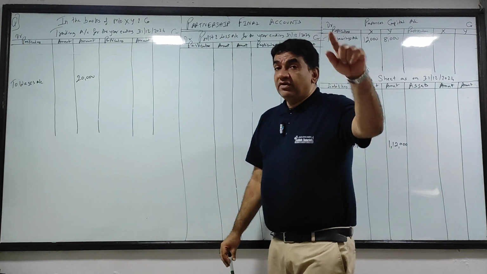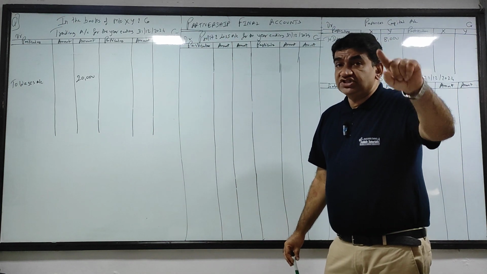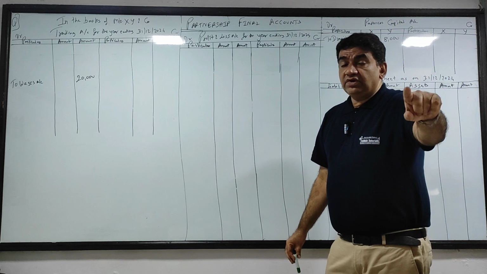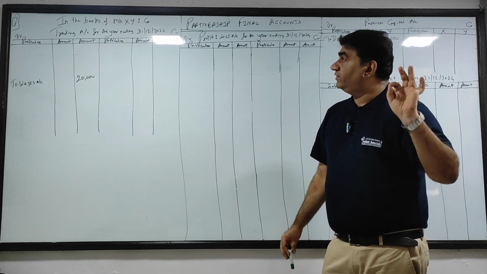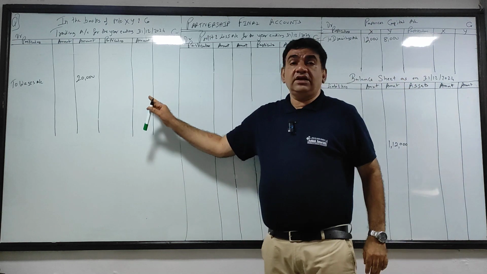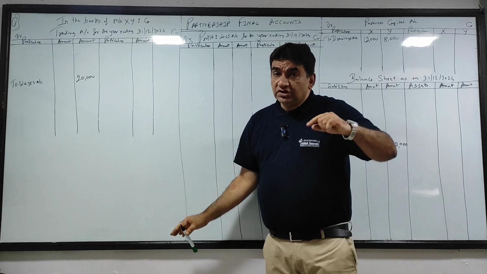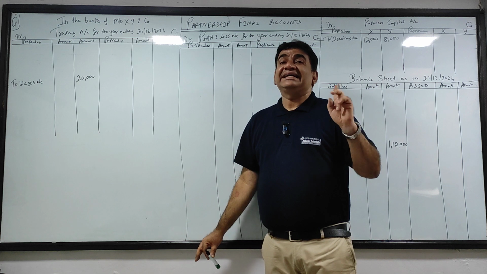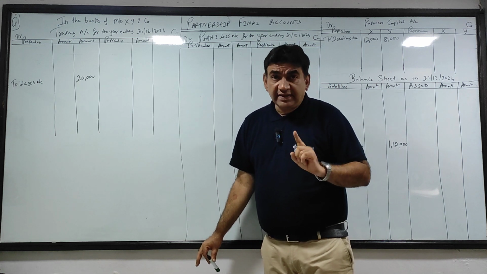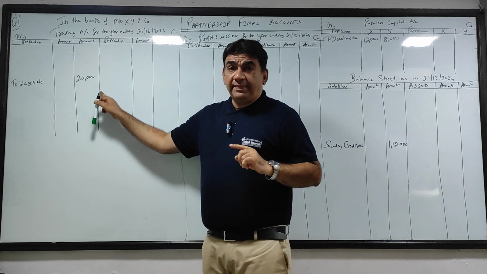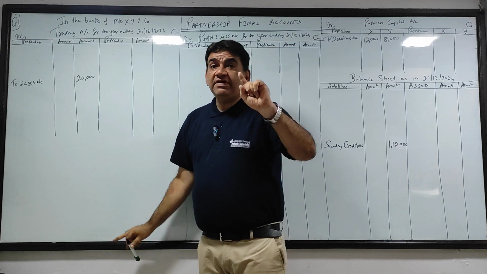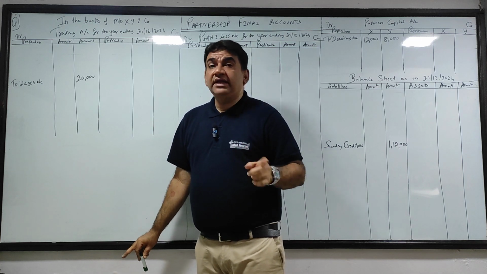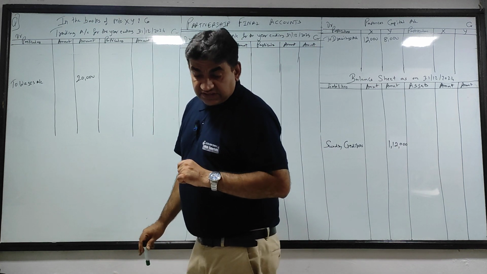Purchases. Goods come in. What I told you: whenever you hear the word goods, always think of the trading account. Goods coming in, debit trading. Goods going out, credit trading. Goods are coming in, so you will debit. Leave one line for opening stock and then write purchases.